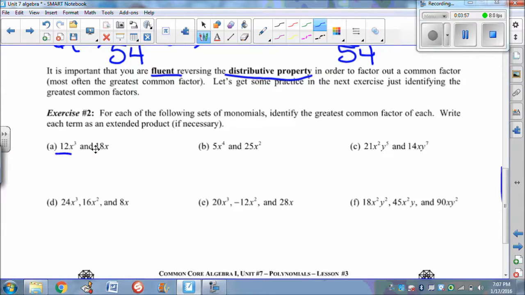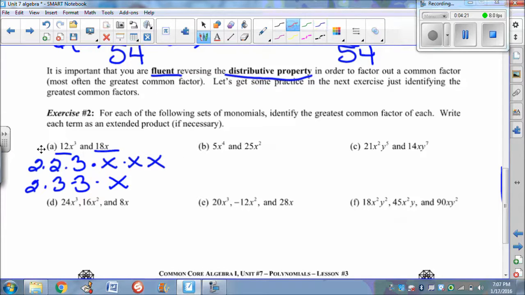So when I take a look at letter A, I factor that 12 into 2 times 2 times 3, its prime factorization. I know that x cubed is x times x times x, and then 18 is made up of 2 times 3 times 3 times x.